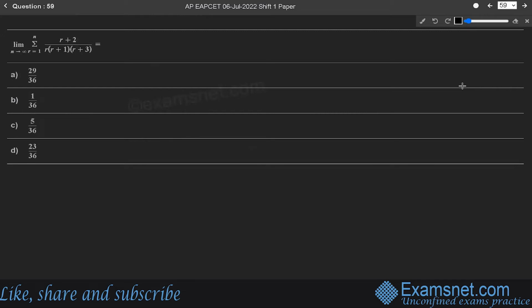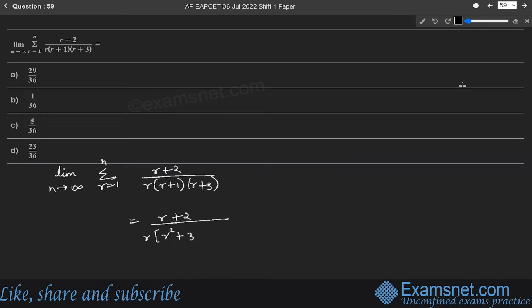Next question is a very interesting question. Limit n tends to infinity, summation of r equals 1 to n, (r plus 2) divided by r into (r plus 1) into (r plus 3). Now, let us multiply the denominator. It will be (r plus 2) divided by r into (r square plus 3r plus r plus 3), which is (r plus 2) divided by (r cube plus 4r square plus 3r).